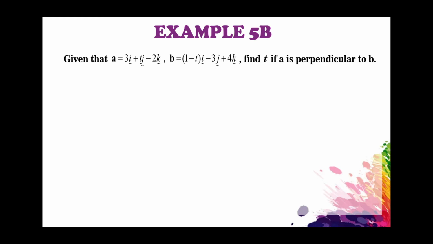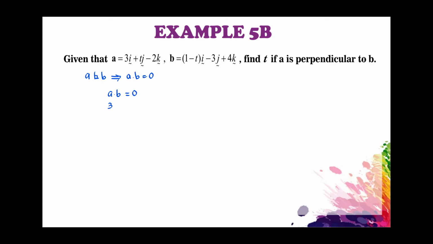Example 5b. Given that two vectors, vector A and vector B, we have to find the value of t given A is perpendicular to B. So remember, by the property number 7, when we know that A is perpendicular to B, it means we can have A dot B equal with 0. So you can have the dot product of A and B, and then we equate with 0.